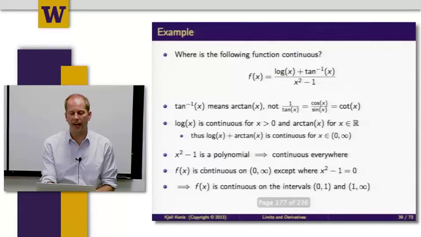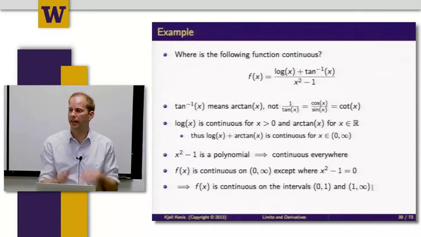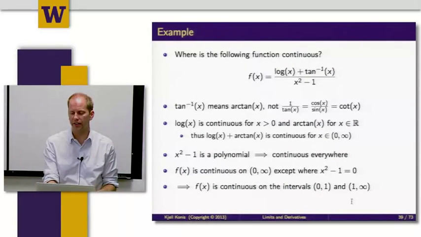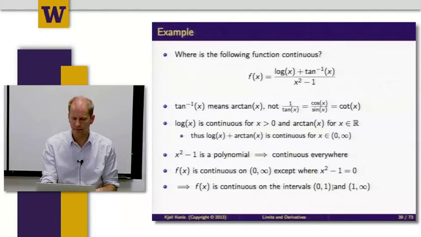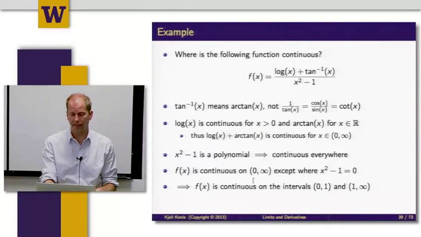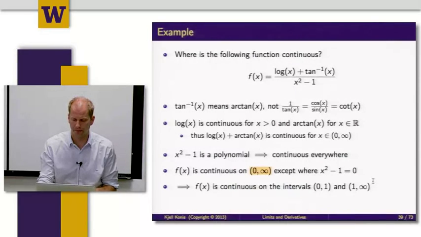And so that tells me that f of x is going to be continuous on the intervals (0, 1) and (1, infinity). And by using the parentheses here, I mean every number that's greater than 0 and less than 1, but not 0 or 1 itself. If I want to include the endpoints in my interval, then I use square brackets. And so basically, it's continuous on this interval except when x is exactly equal to 1.